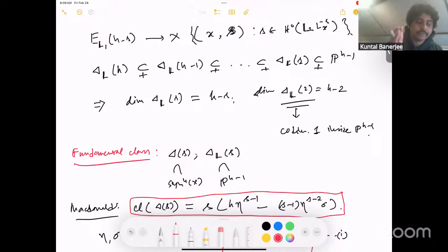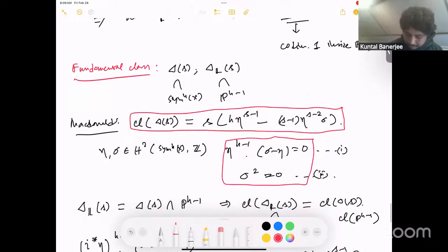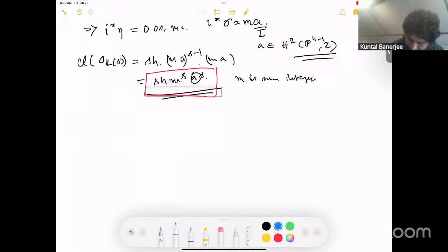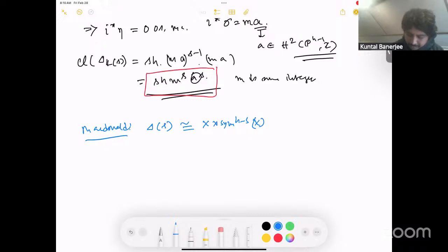McDonald in his paper claimed that delta S is isomorphic to this X times Sym^(h-x) by this pi S. That is absolutely wrong, because if s equals h over 2, where you can choose h an even number, this pi S is not even injective.